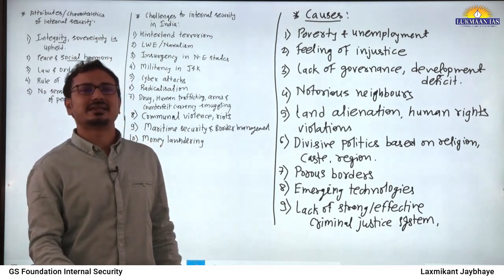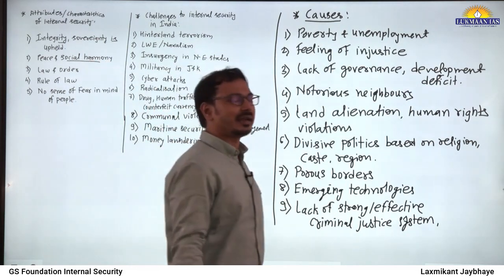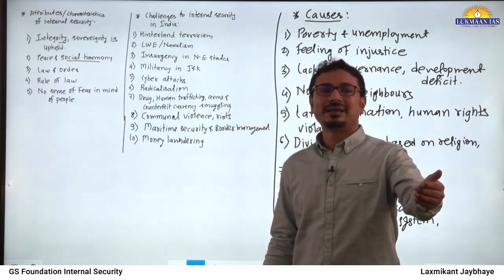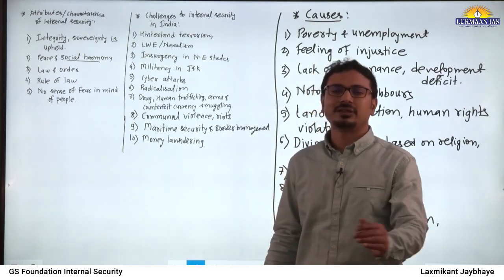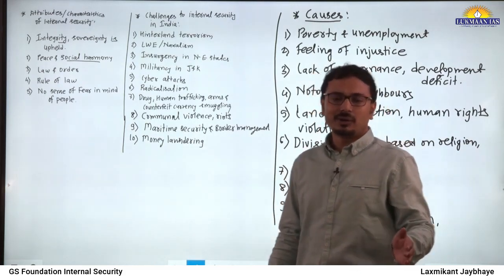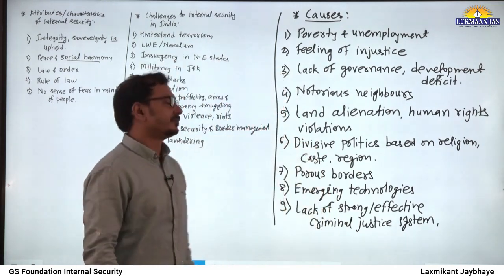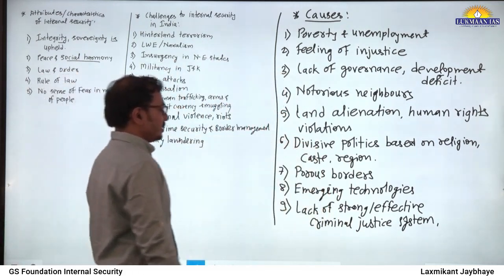Sleeper cells are generally not used for the immediate attack, rather they are employed in a certain organization to get some information from that organization or just be aware about the developments, तो वो sleeper cell होता है largely.